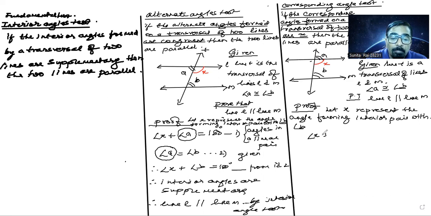X plus angle A is equal to 180 degrees. I call it 1, reason: angles in a linear pair.